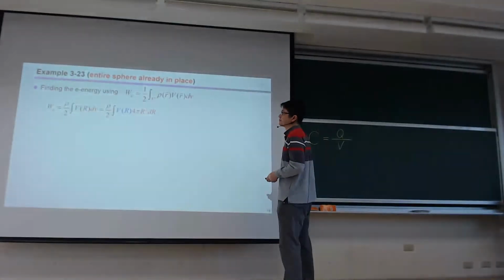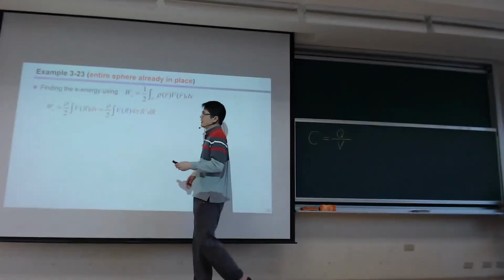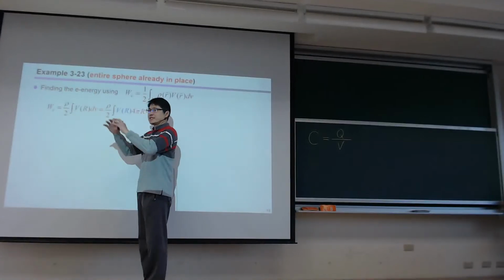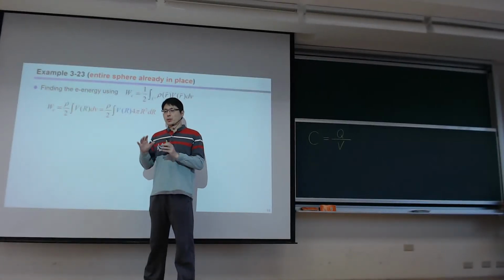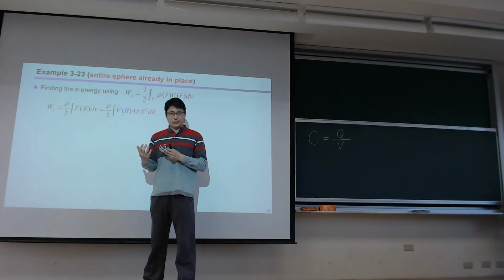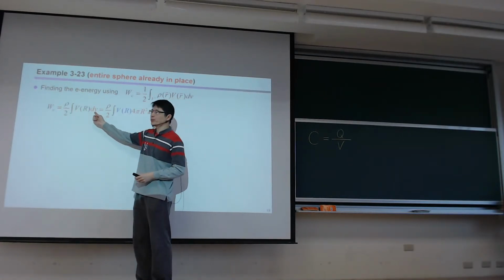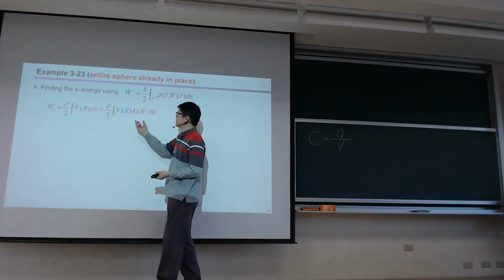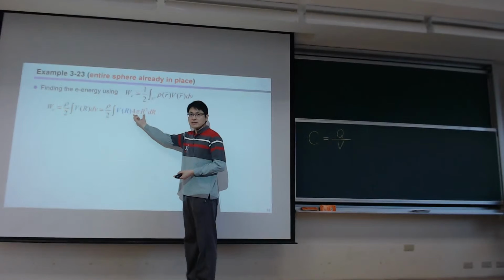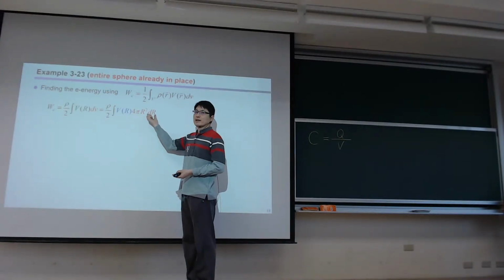What do I mean? Well, because we're treating a sphere, in the spherical coordinate system we have very good symmetry. And therefore, the volume integration can be reduced to a surface and a differential length.